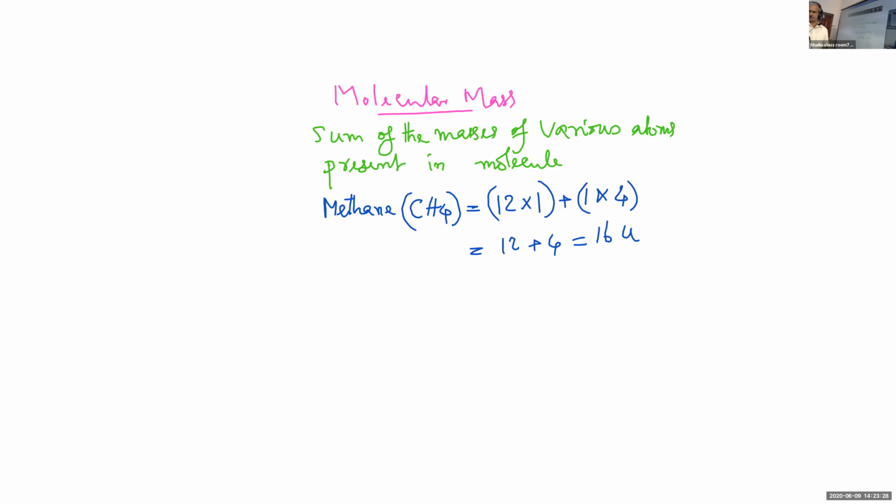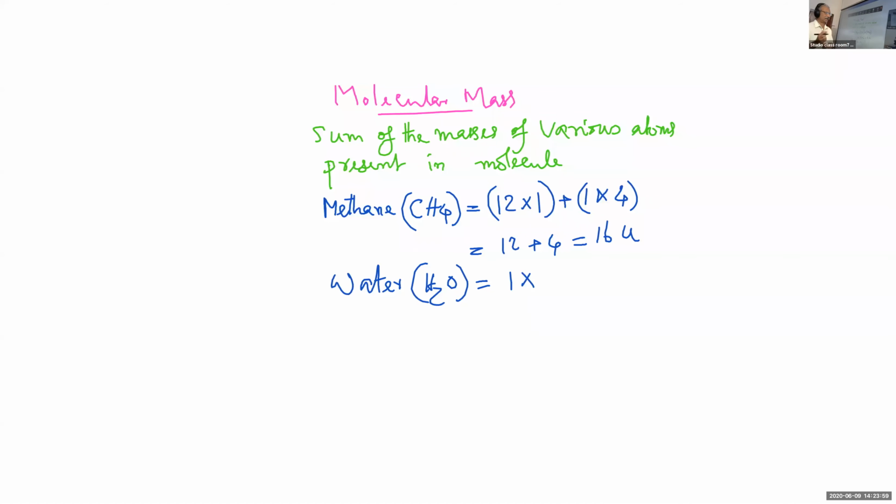Similarly, you calculate the molecular mass of water. You know the method now. Water, molecular formula is H2O. You add all the atomic masses. Hydrogen, atomic mass is equal to 1. And here there are, do you get me? Say Hari, Punya, all of you get me? Yes, sir. Let me proceed. Atomic mass of hydrogen is equal to 1.